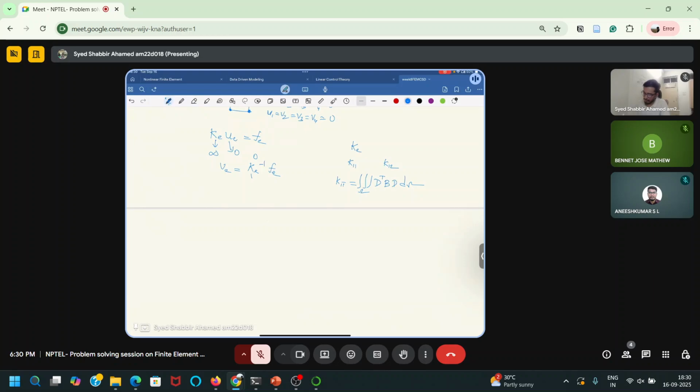If you take a 2 cross 2 Gauss quadrature rule, you will have four Gauss quadrature points.